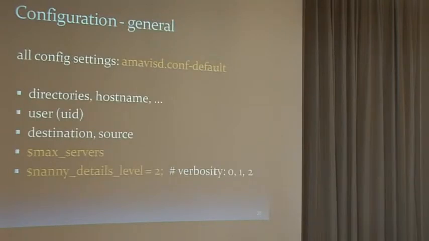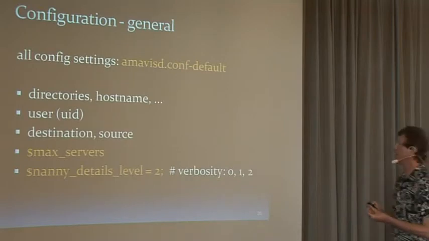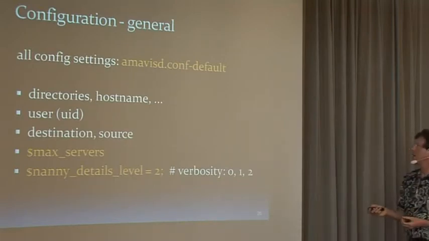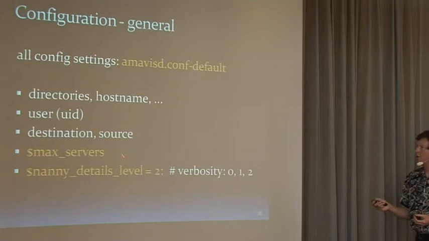So on the general stuff, you do where are directories, what is your host name, under which user ID you're running, the source, destination addresses. The important knob here, as we mentioned, is the number of server processes you want to run.